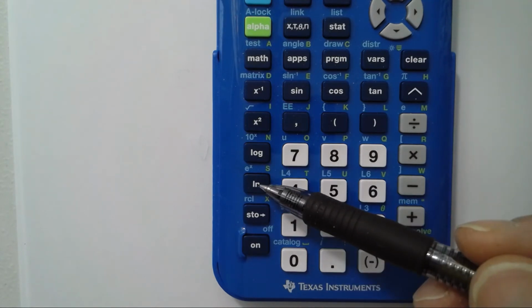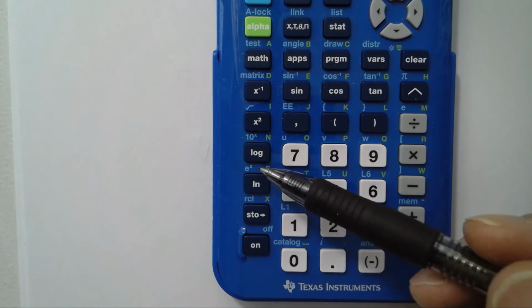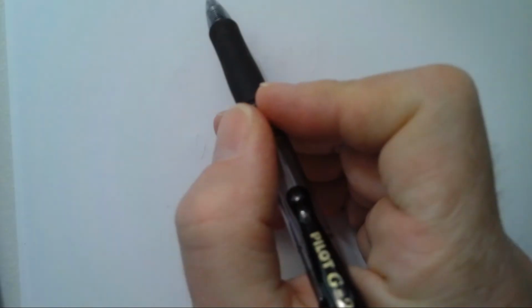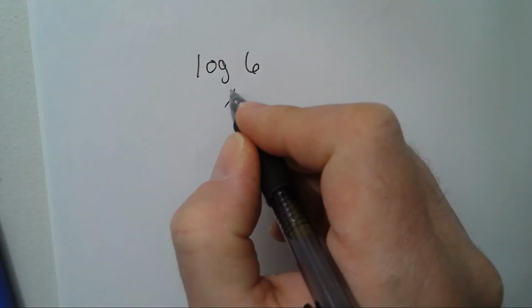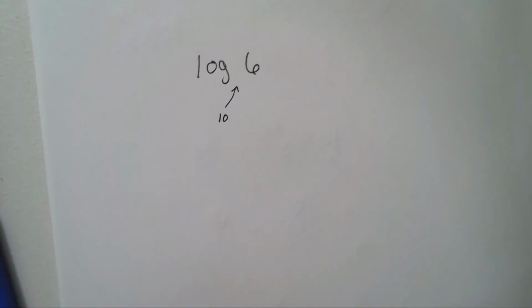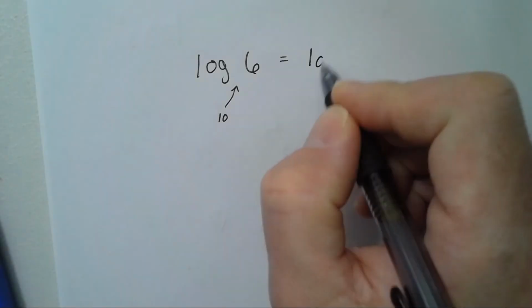And if there's no number, like if I have the log of 6 and there's no base there, it's implied that there's actually a 10 there. So the same as the log of 6 base 10.